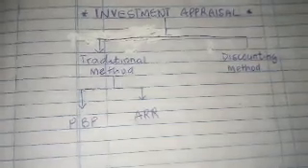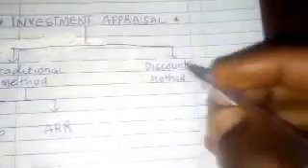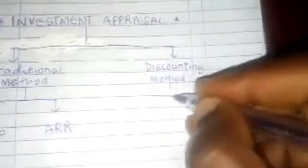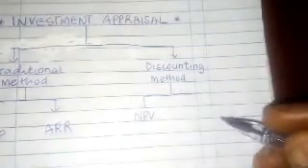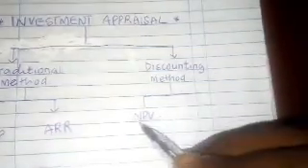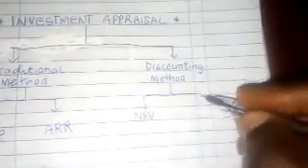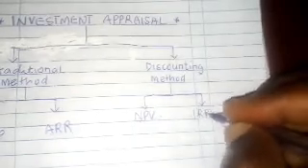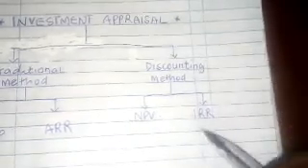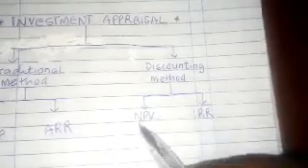Take note of that. Then under the discounting approach, number one, we have the net present value method. Then we have the internal rate of return approach.